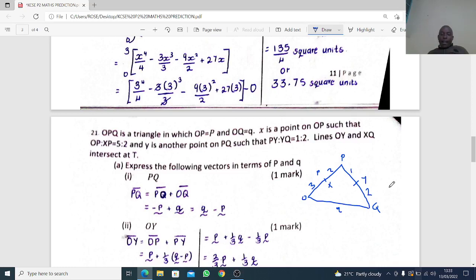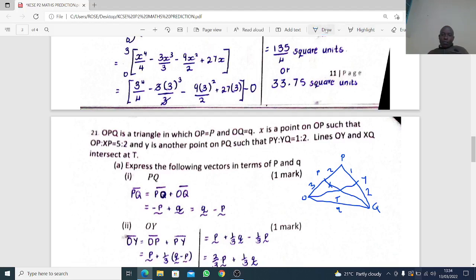Line OY, if you draw a straight line here, and XQ, so we have another line here, XQ. They intersect at T, so there is a point T here. Express the following vectors in terms of p and q.